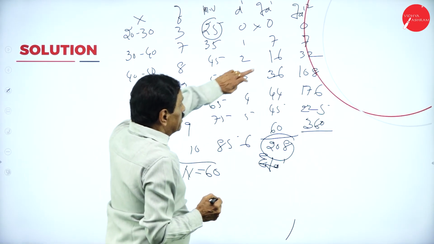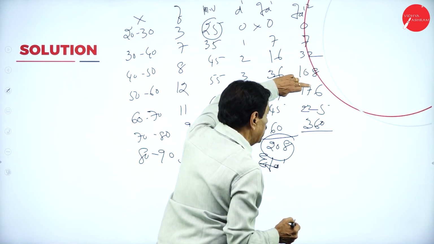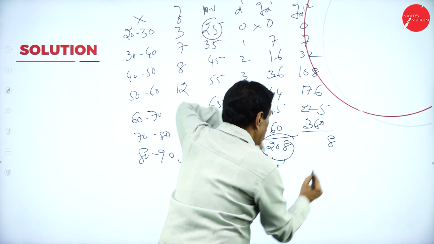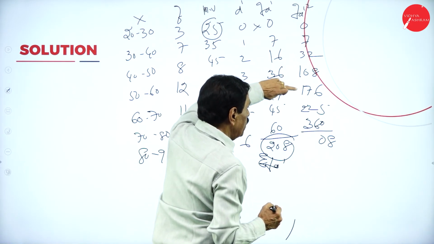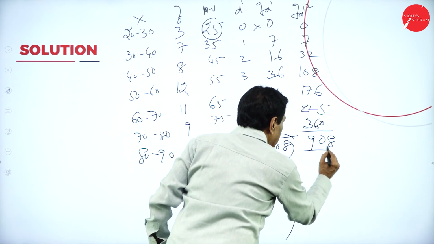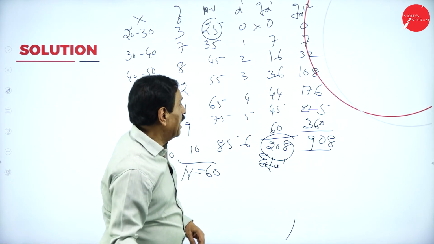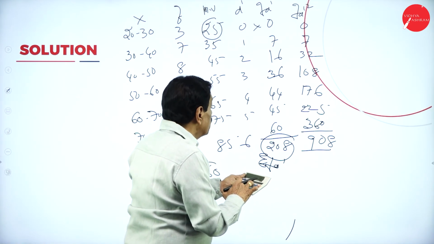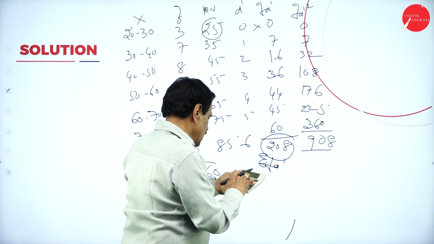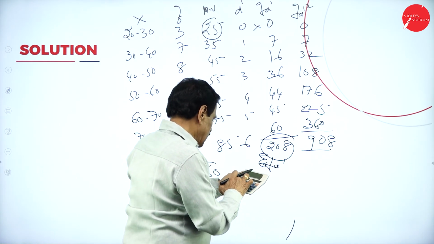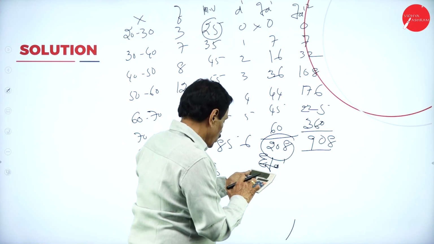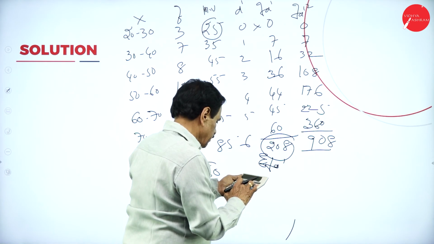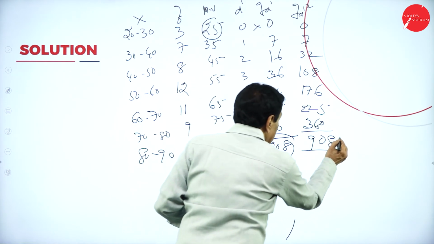Add the figures. I will repeat once again: 7 plus 32 plus 108 plus 176 plus 225 plus 360 is equal to 908.